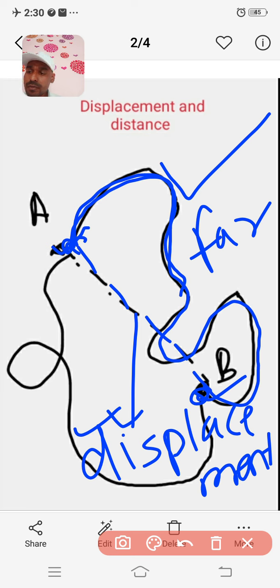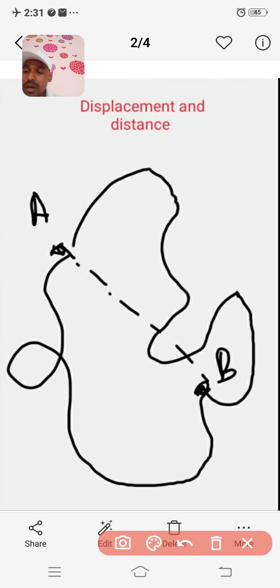But if the motion of a particular particle is not under consideration, that is, we simply wish to know the separation between A and B, the distance measured along the dotted line from A to B will be correct.